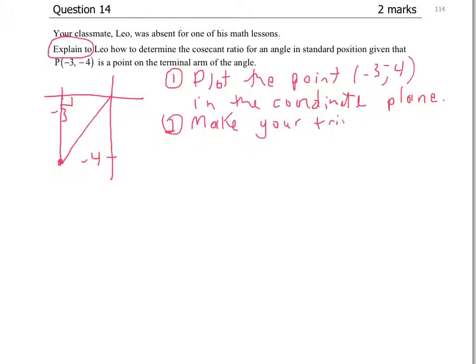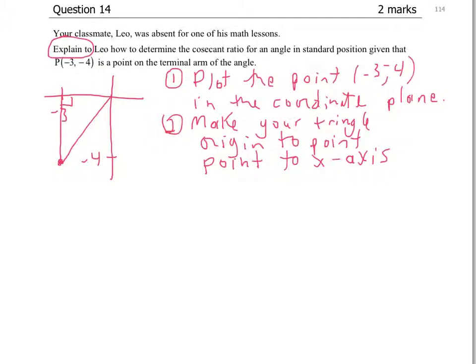In making my triangle, I'm going to go from origin to point, and then from point to x-axis. This always gives you your right angle, perpendicular to the x-axis, where the angle is formed with the x-axis.